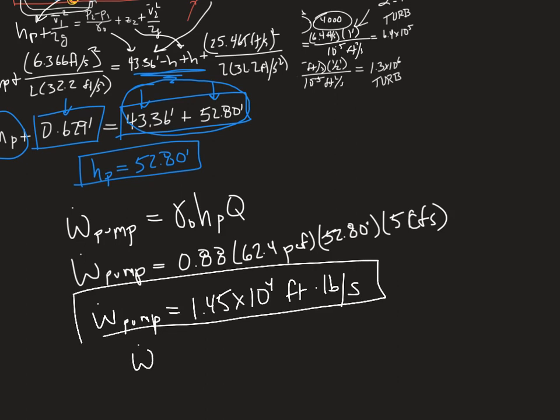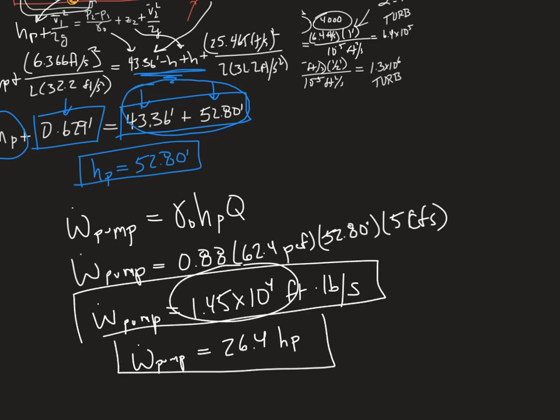If you want that in horsepower, which a lot of things will, you divide by 550, the conversion rate, 550 foot-pounds per second per horsepower. If you divide that, you get 26.4 HP, horsepower. A lot of times you just do that because this is a big number.